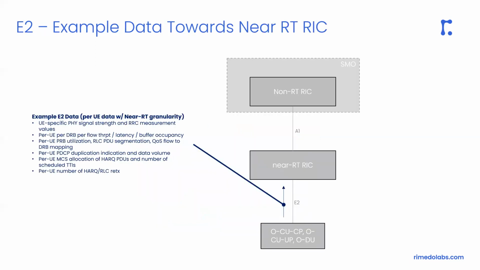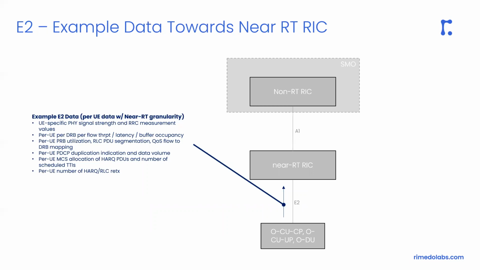So an example of data that is coming up from the E2 nodes to the near real-time RIC: we have the physical measurements per UE, so very high granularity of data, per UE signal strength, or per UE data radio bearer per flow occupancy, or per UE PRB utilization, or per UE PDCP duplication, or per UE MCS allocation, or per UE number of retransmissions.